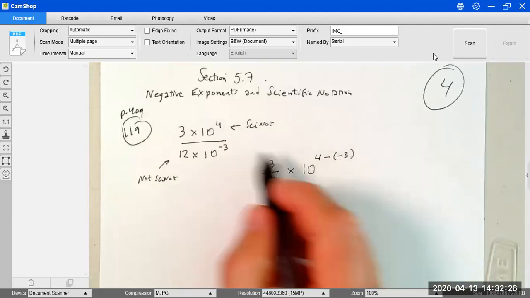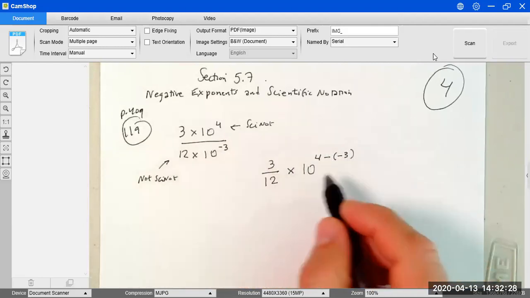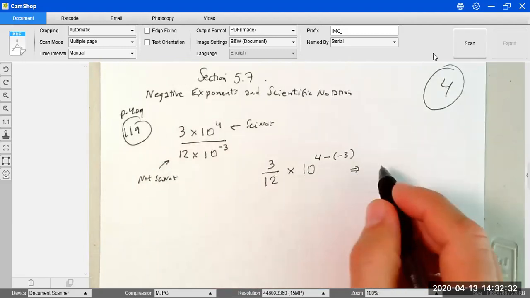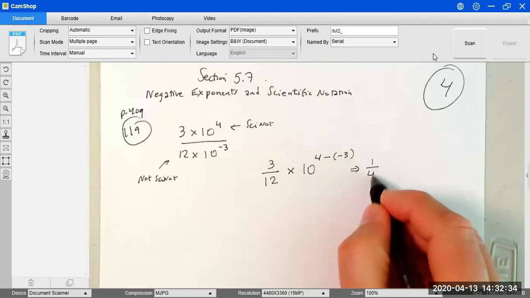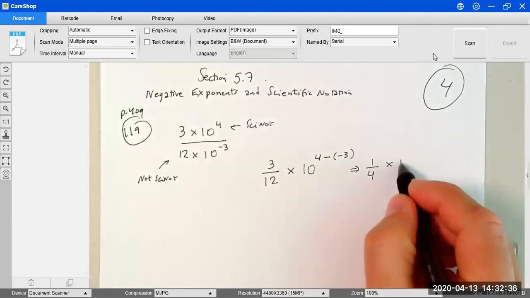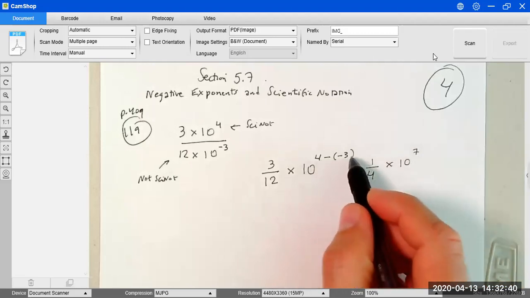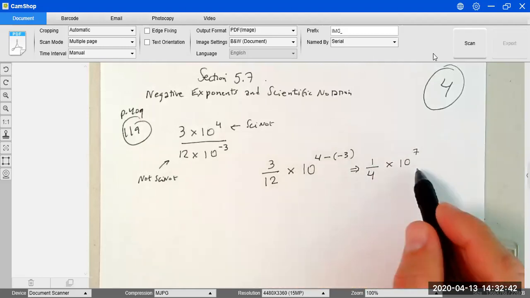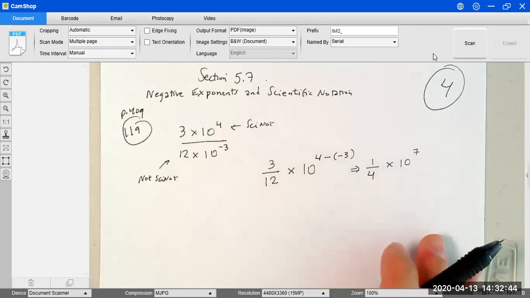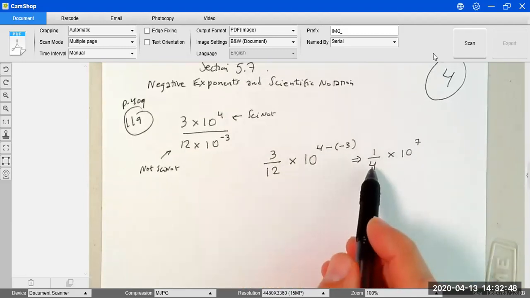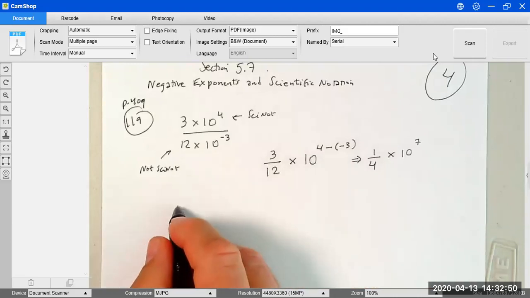So be careful when you have negative exponents. So in this case, we're going to get 3 over 12 is just 1 over 4 times 10 to the 7, because 4 plus 3 is going to be 7. So now we need to write this number in scientific notation. To write this number in scientific notation, I'm going to write 1/4 in decimal form.